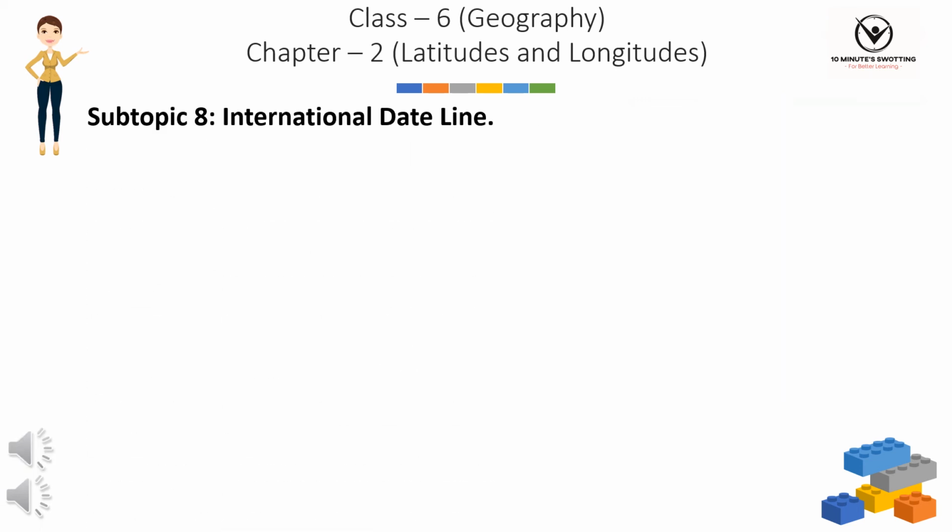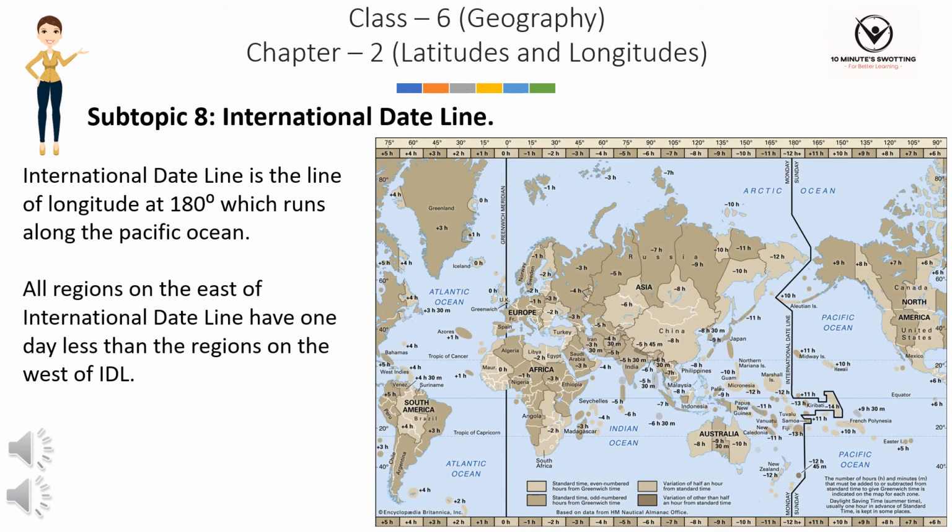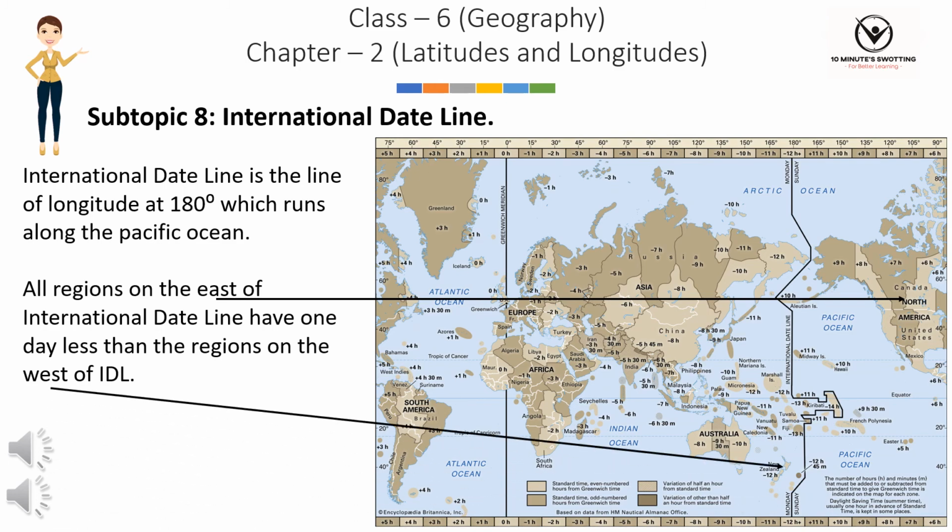Subtopic 8. International Date Line. International date line is the line of longitude at 180 degrees which runs along the Pacific Ocean. All regions on the east of International Date Line have 1 day less than the regions on the west of International Date Line.